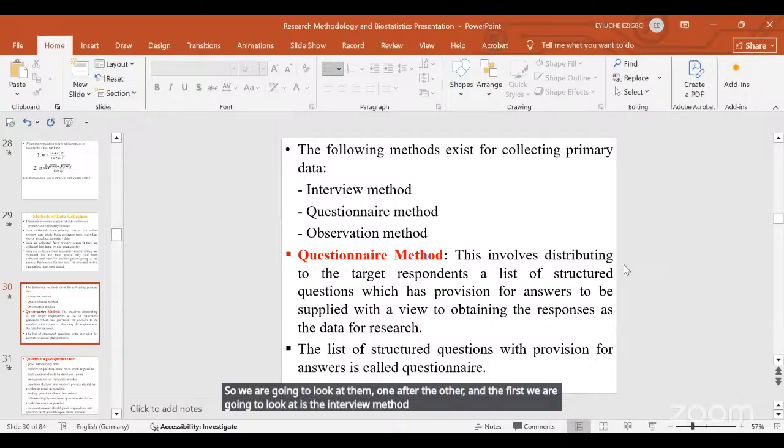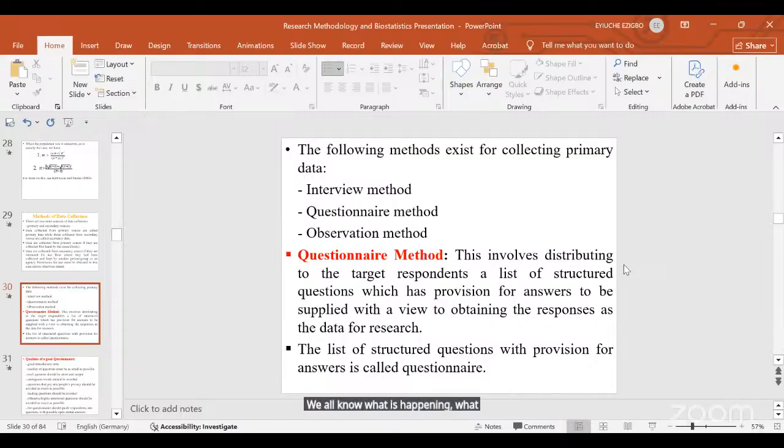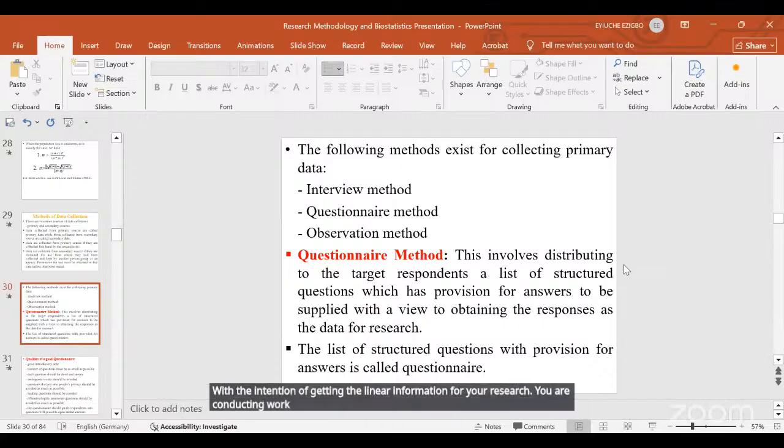We all know what an interview is. At any moment that you are engaging a participant in a structured discussion with the intention of getting the needed information for your research, you are conducting what? An interview. I hope it's clear.